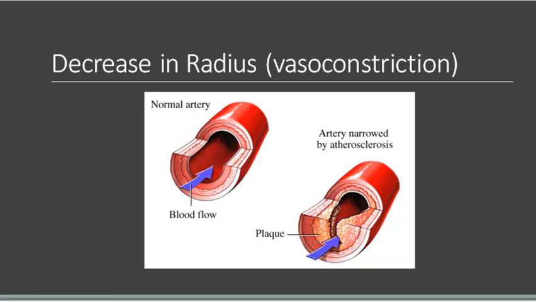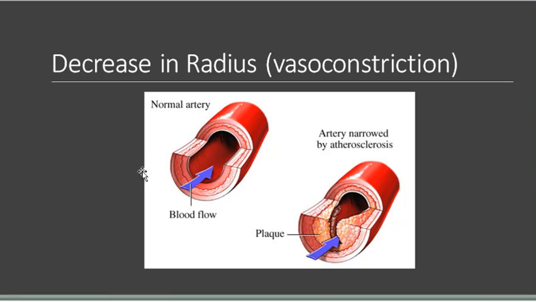Again, a decrease in radius, also known as vasoconstriction, can make our blood pressure high in order for blood flow to remain constant. Here we have the normal artery with blood flow, and here we have a vasoconstricted artery due to plaque, and here's blood flow trying to get through.